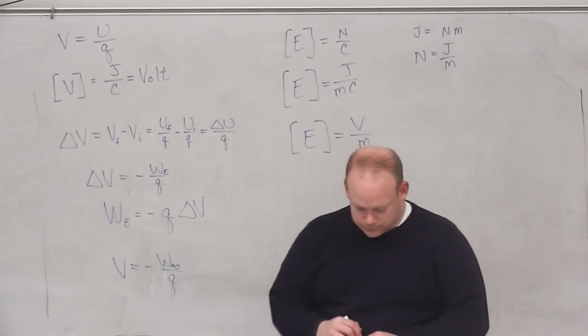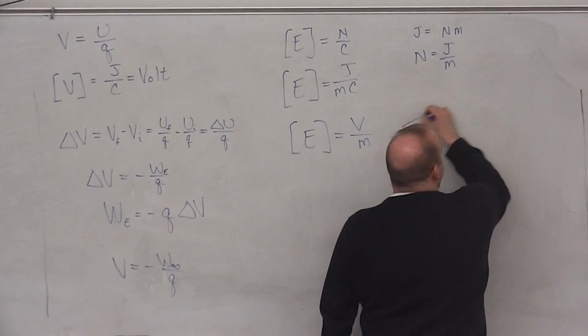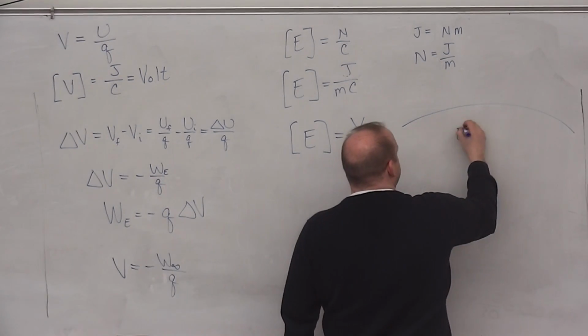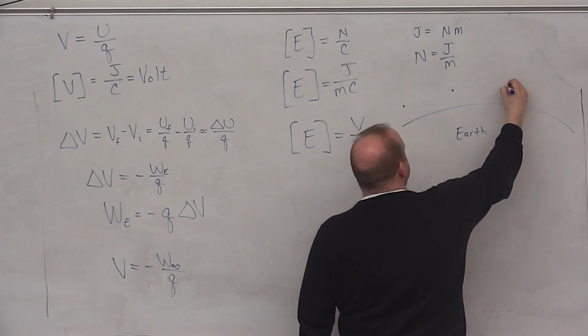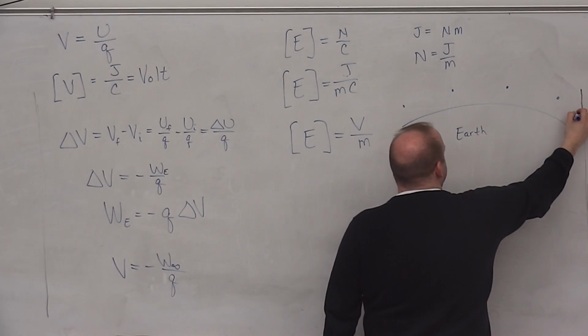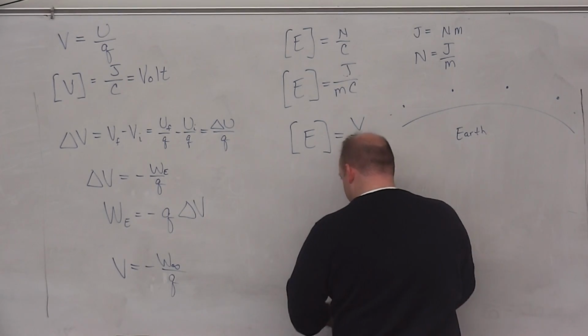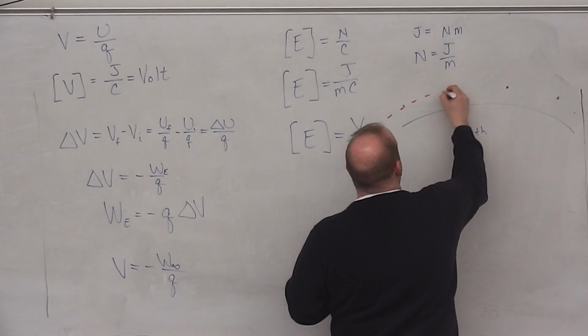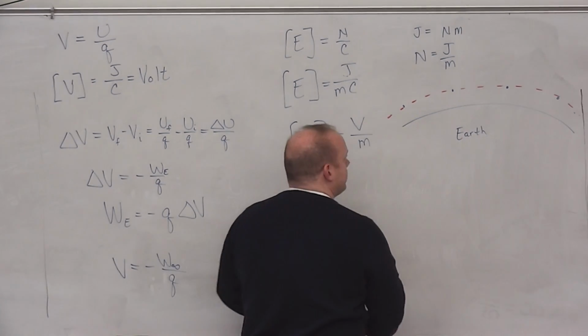So now, if I look at gravity, here's the Earth. Looking at gravity, anywhere that same distance from the surface of the Earth is going to be what I call an equipotential surface. Now, I can make another equipotential surface.